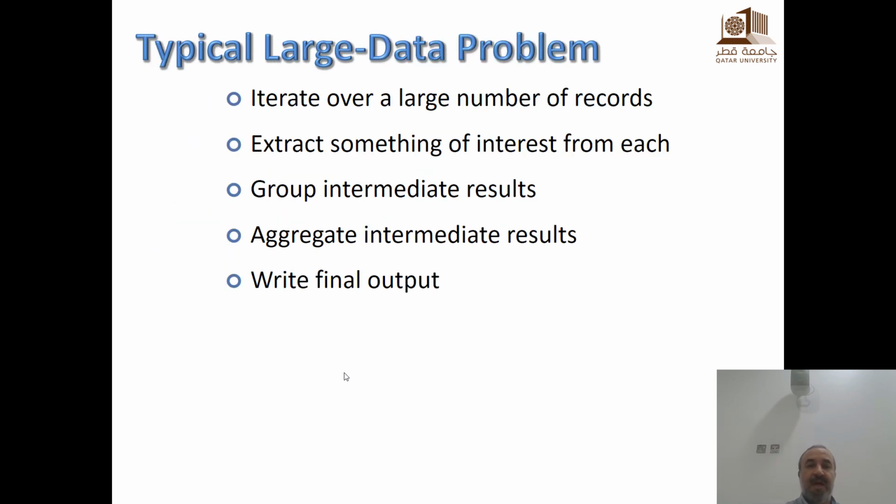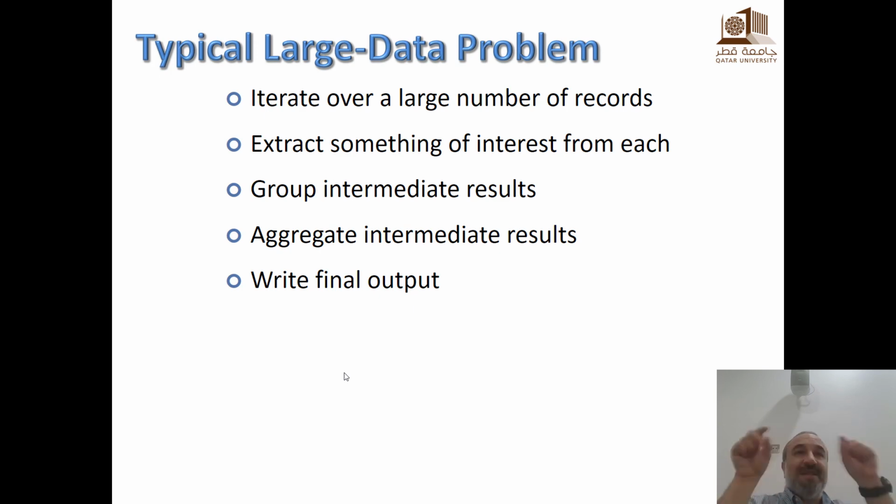Now, here is a very high-level algorithm you can think of for processing a large amount of data. If I have a large amount of data, here is one way of doing it. You iterate over a large number of records. From each one, you do some processing and extract something, which we'll call intermediate output.